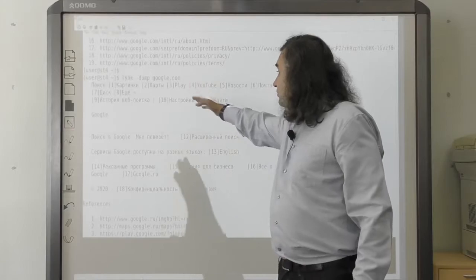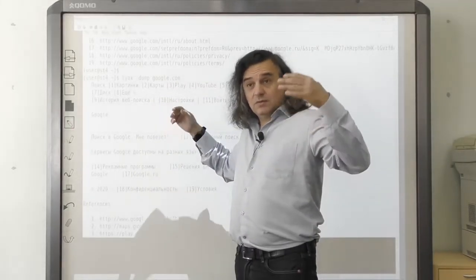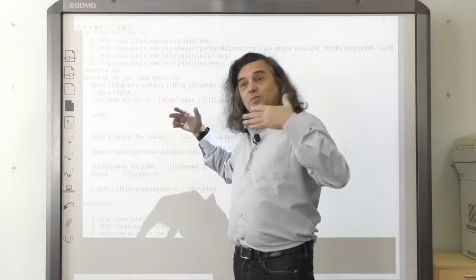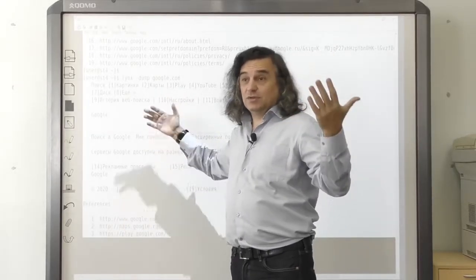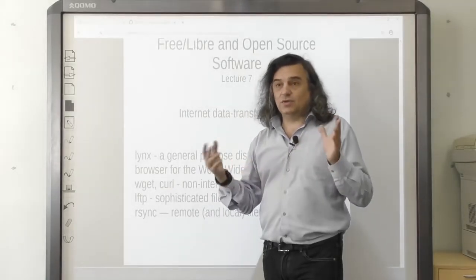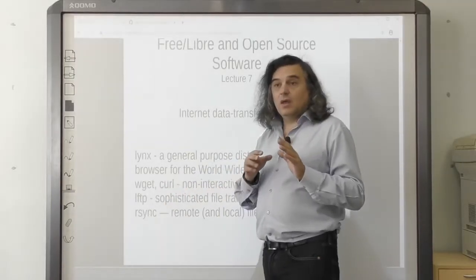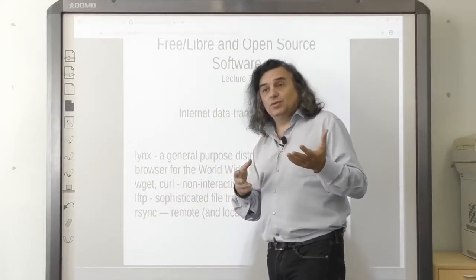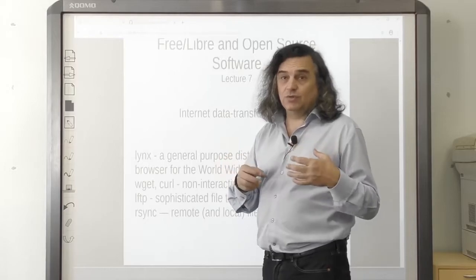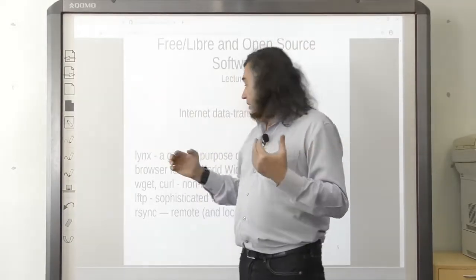This output can then be used when processing the web page in a script. Also, we have non-interactive network downloaders, wget and curl. Those tools can be used to download and mirror online resources offline.